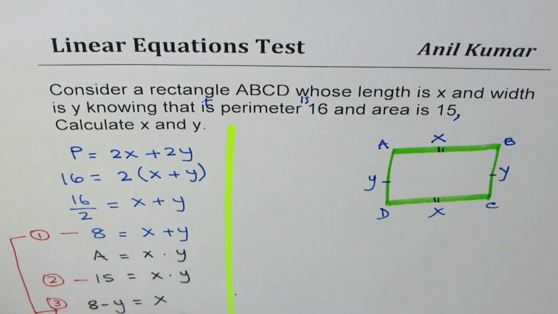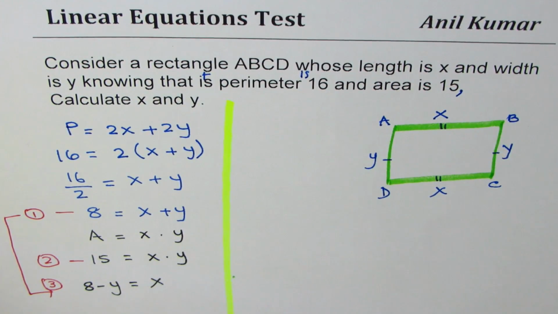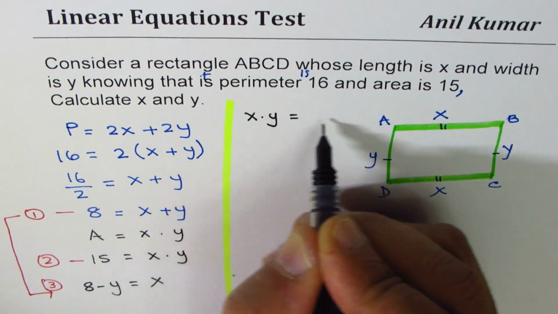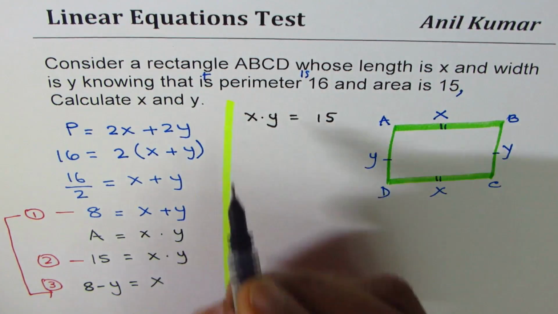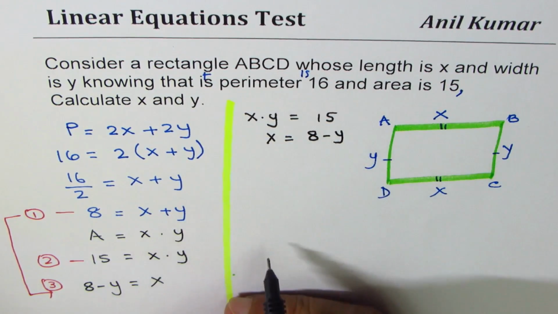So since we know that x is 8 minus y, let me push this a bit. Okay. So we have here 2 equations. One is saying the product of x and y is 15. The other one is that x is equal to 8 minus y, right?